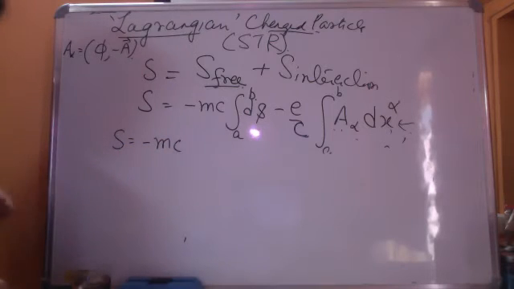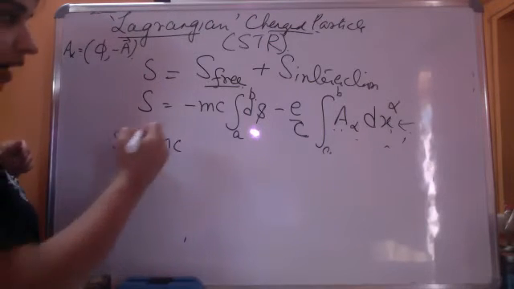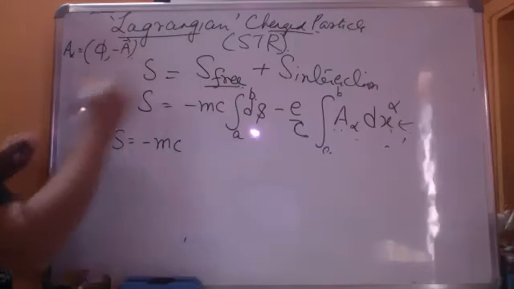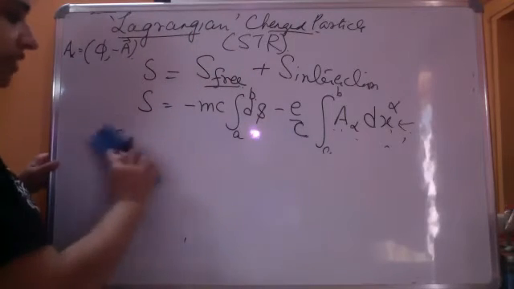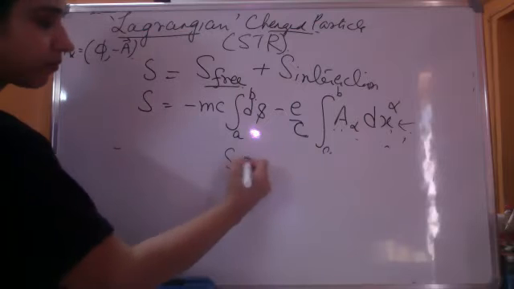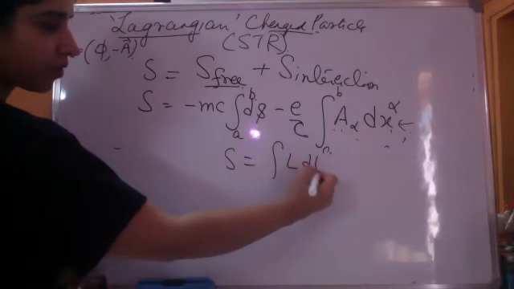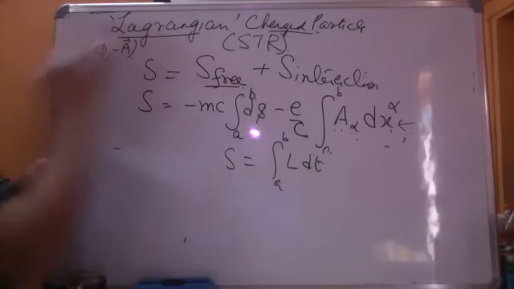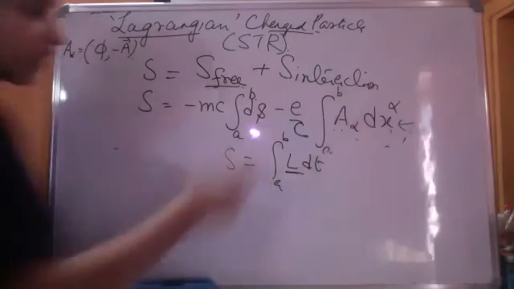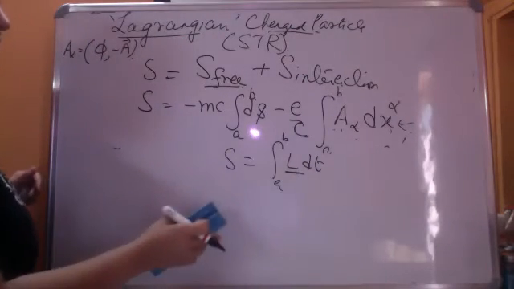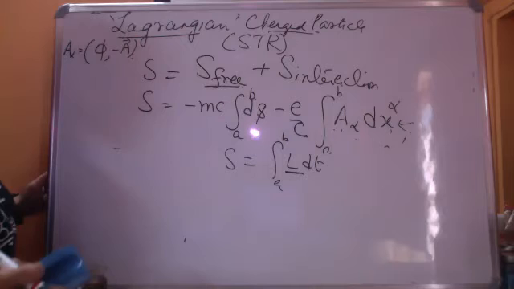Okay, so now what I'm going to do next is that I want to compare it with this expression and get my Lagrangian. So I'm going to write both the integrals on the right hand side in terms of this dt.